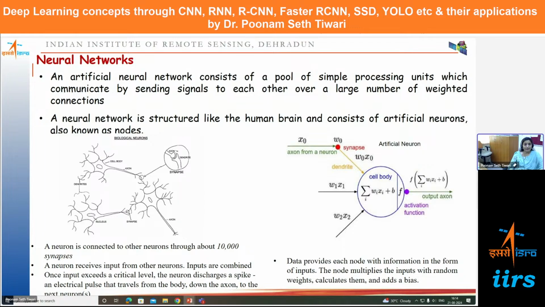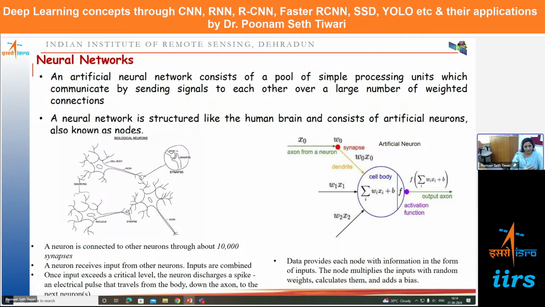So, this is the artificial neural network, ANN. An artificial neural network consists of a pool of simple processing units which communicate by sending signals to each other over a large number of weighted connections. Artificial neural networks take their clues from the human nervous system, biological neurons.